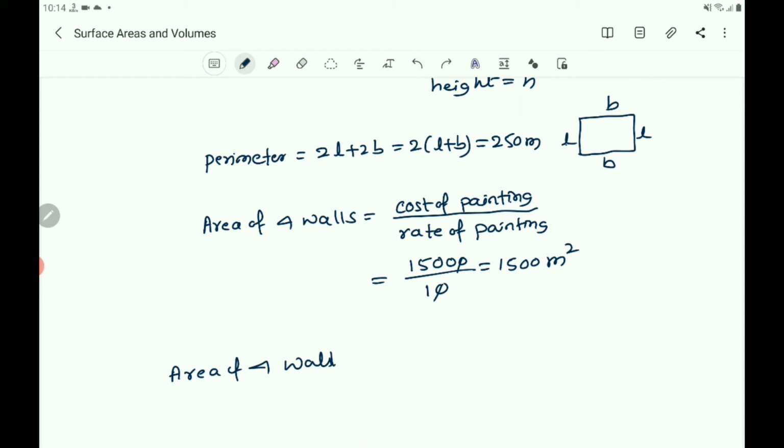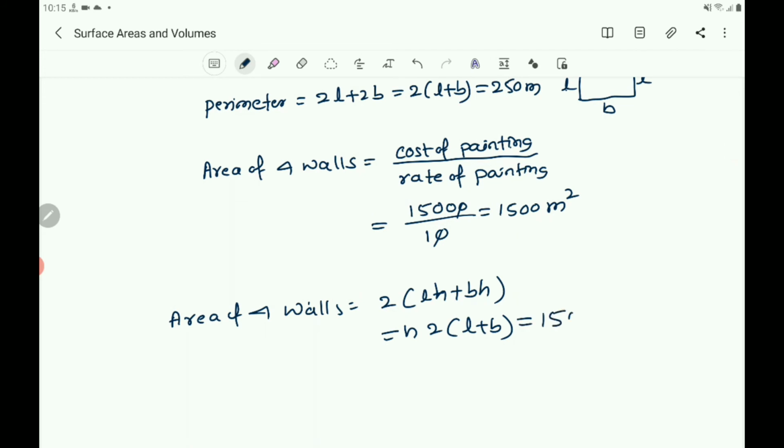Area of four walls equals 2 into (LH plus BH), as the floor is to be left out. So 2 into (LH plus BH) equals 2 into H into (L plus B), or H into 2 into (L plus B) equals 1500 m square.